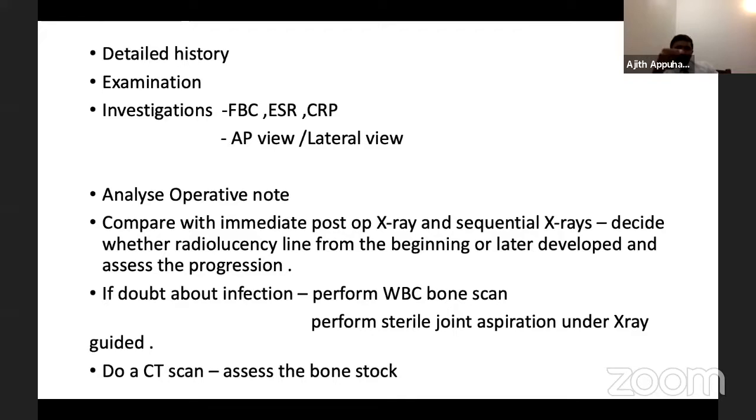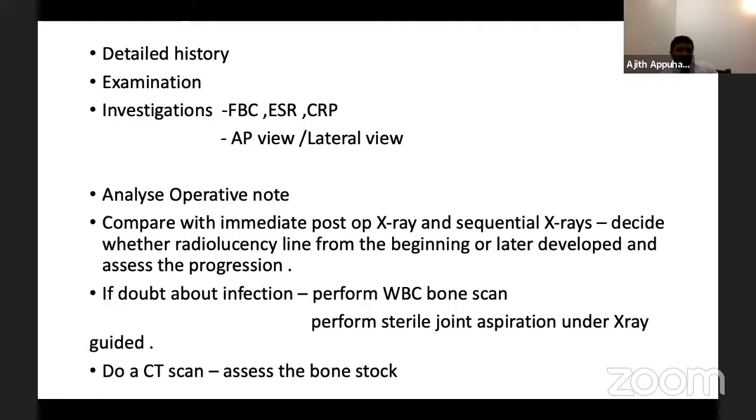If you can't exclude infection radiologically, you can perform a WBC-labeled bone scan. In addition, you can suggest a sterile joint space aspiration under X-ray guidance, and I will screen it.